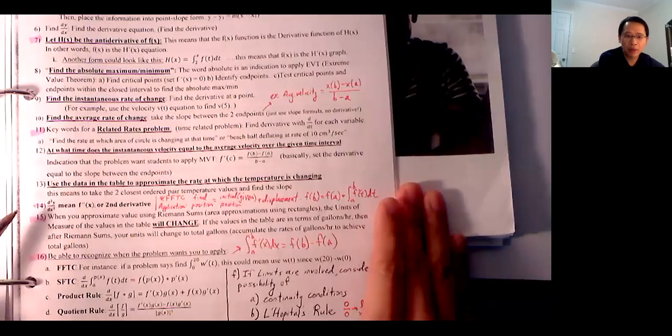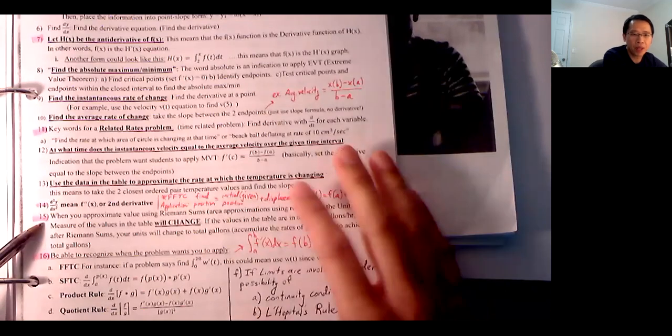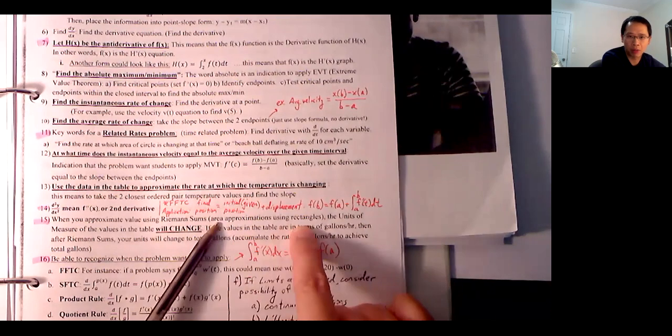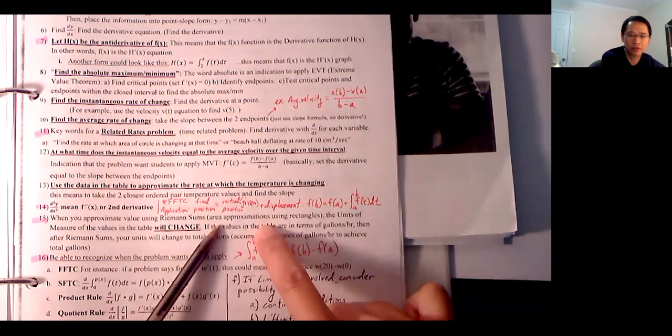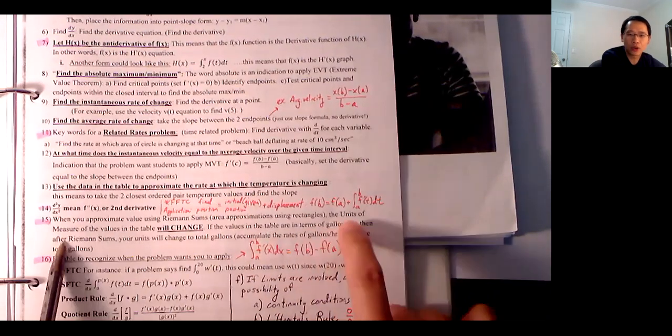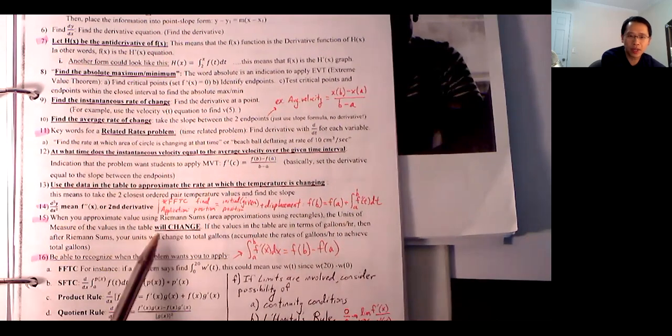Okay, item 15 here. When you approximate value using Riemann sums, which is area approximation using rectangles, either left, right, even trapezoid rule, I would consider that an approximation of area. Your units of measure are going to change. Keep that in mind.